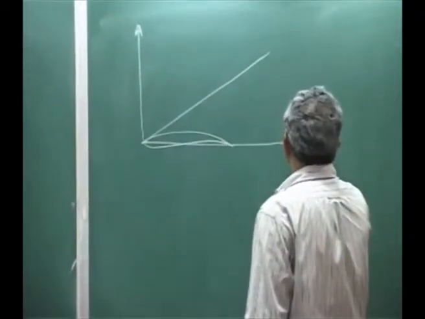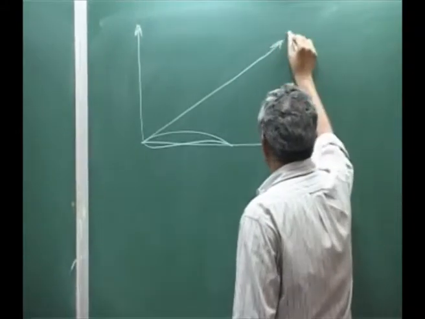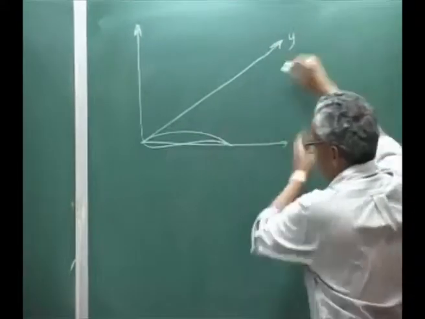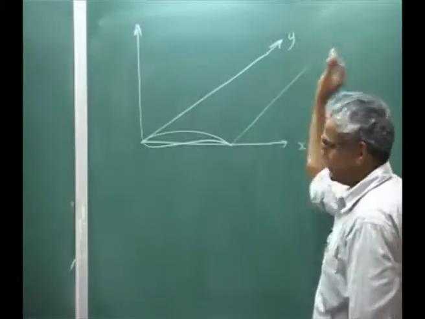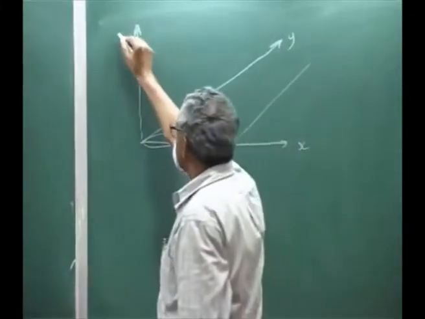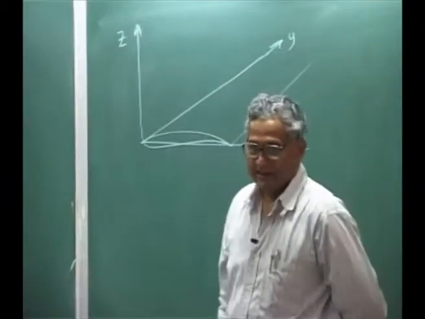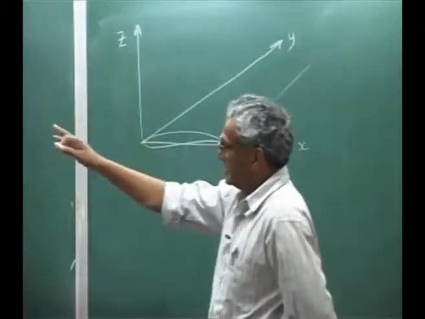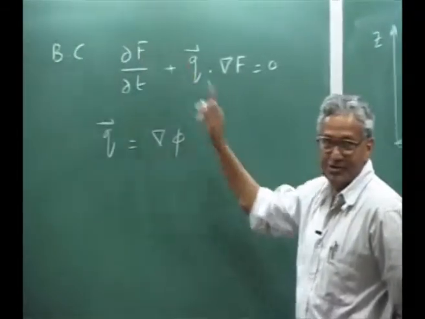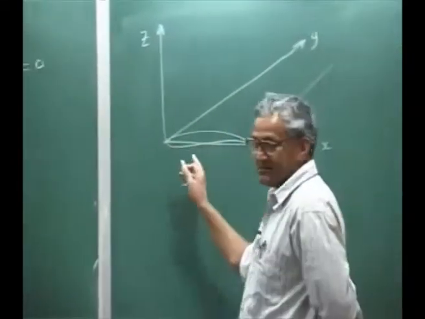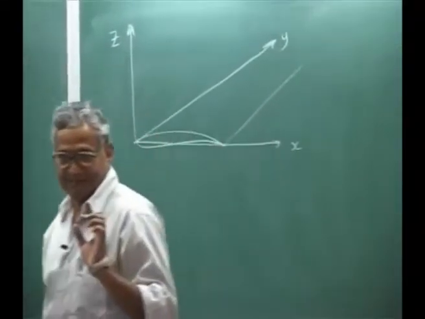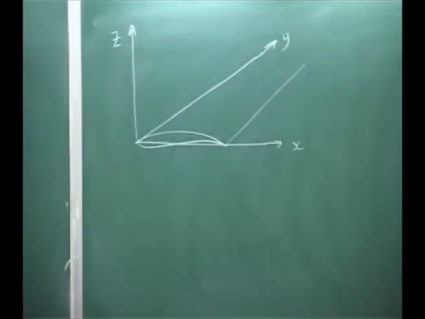This is along x, this is y, and you can assume this is the wing, and this is the z. Now f is the equation of the surface of the body, which basically creates the disturbance in the flow.